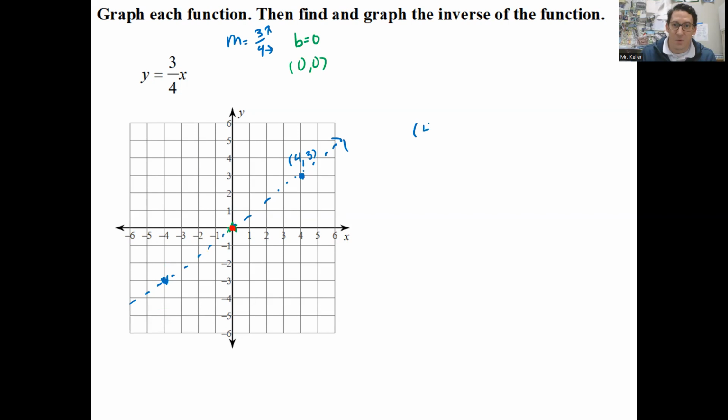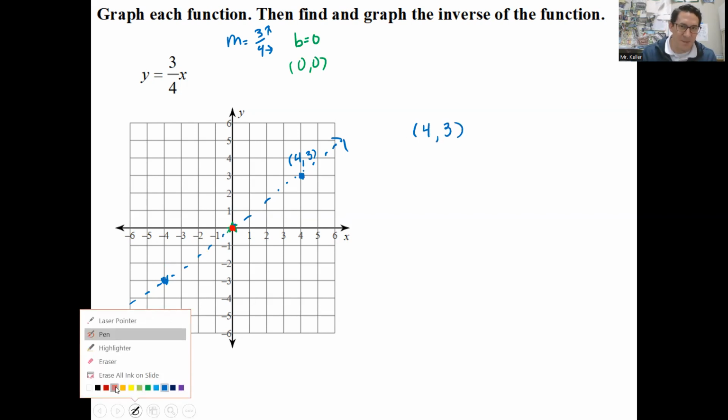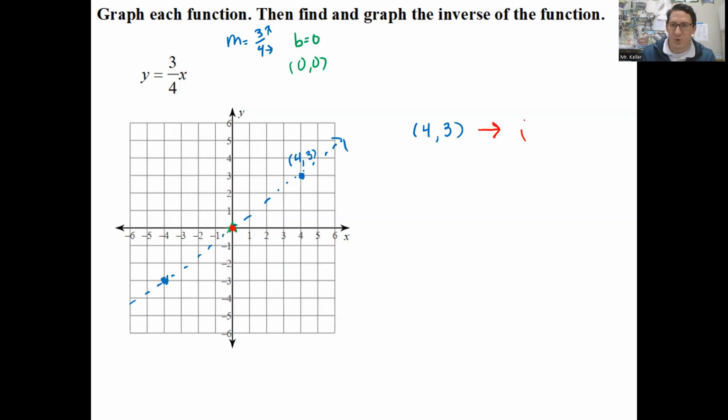So here, the 4, 3, and then the inverse of that point is going to be 3, 4. So I'm going to go 3, 4, put a point. So there is my inverse of that point. Down here, this one is at -4, -3.